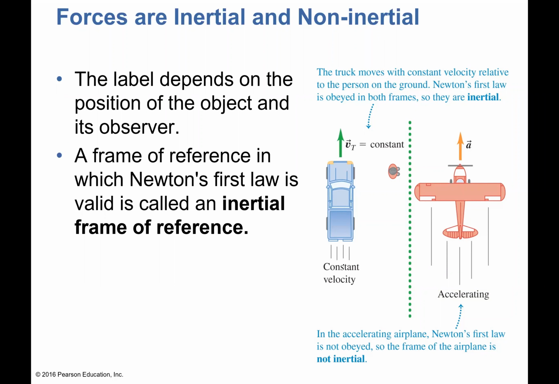For example, if I'm doing an experiment in my room and I put an object on the ground, and the forces acting on it are a surface force up and gravity down, nobody's pushing or pulling, right? The object is going to continue being at rest. That means that Newton's first law is obeyed. This room here is an inertial frame of reference.